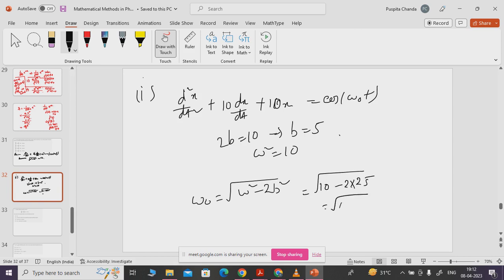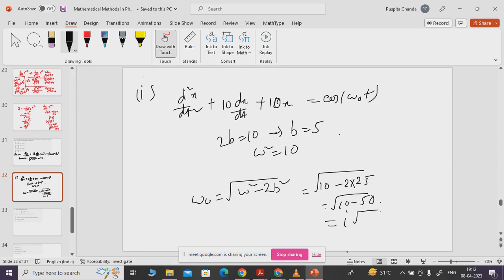Omega square is 10, 2 into b square is 50, so it is 10 minus that, which is a complex number. Okay, so it cannot be tuned. Omega naught should be a positive number, that's why we can tune. Like we know the value of root 3, root 2, root 1, root 4, whatever, but we don't know the value of something imaginary.